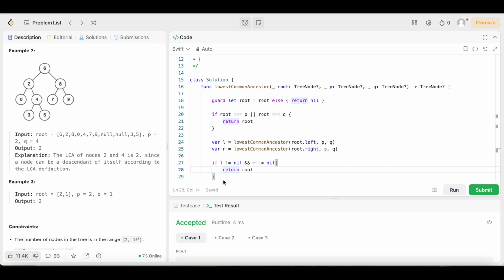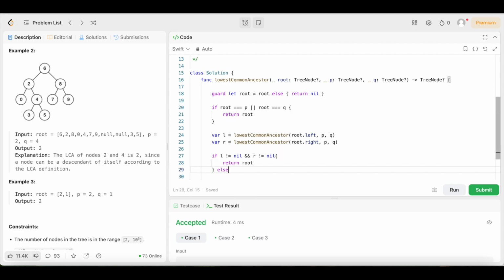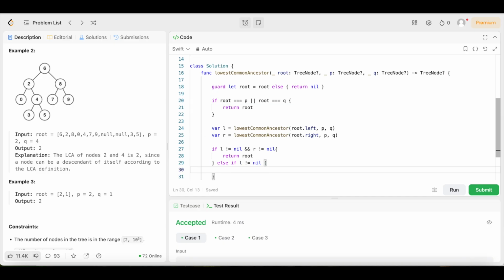Else, in case one of them is nil, if L exclamation point equal sign nil, then that means only the left tree has a non-nil value, which means the LCA is coming from the left subtree.